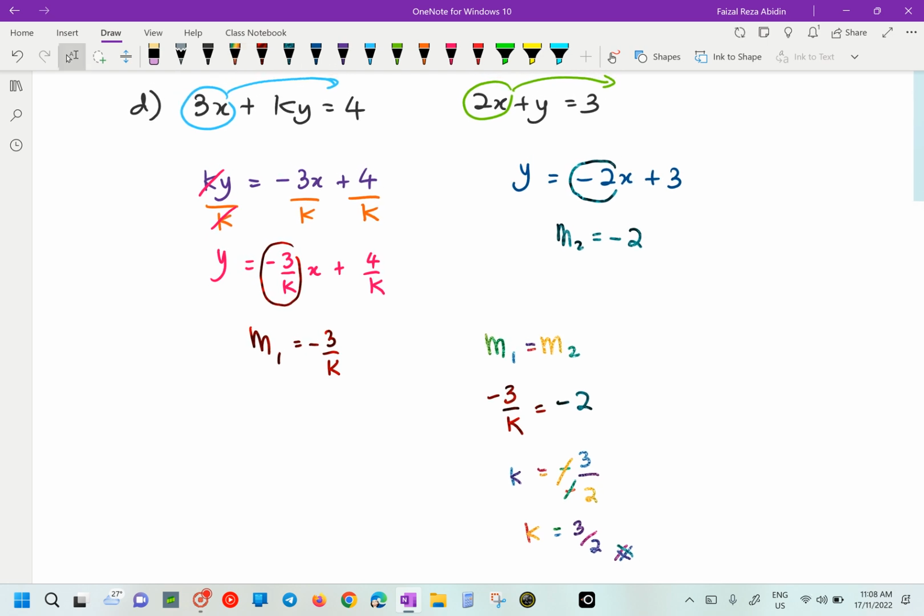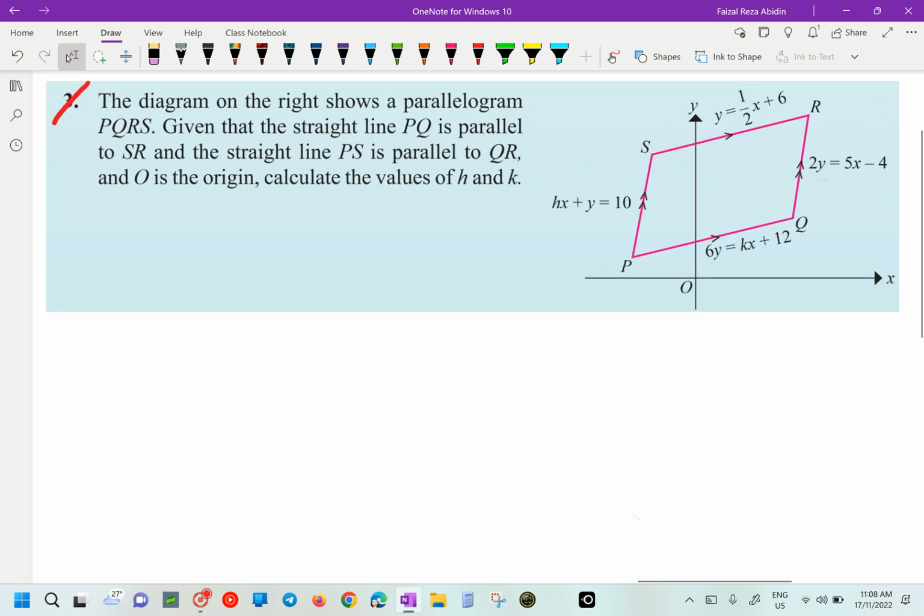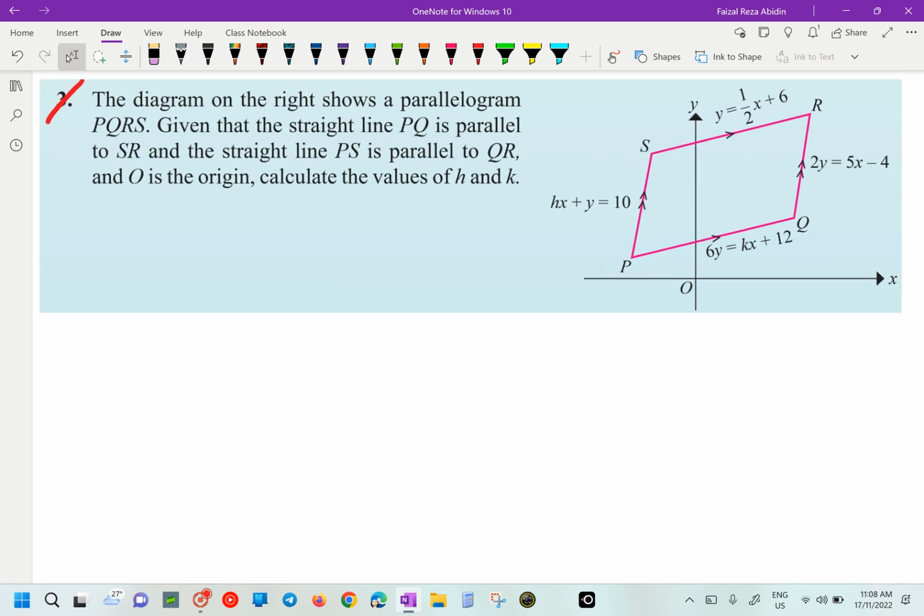Okay, now we are going to look at our number 3. Can? Okay. Our problem solving over here. The diagram on the right shows a parallelogram PQRS. What does it mean by parallelogram? Parallel.